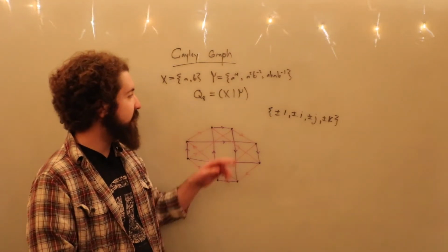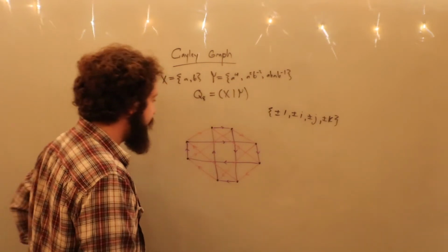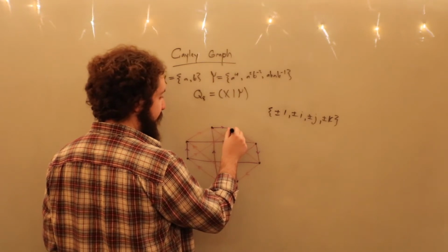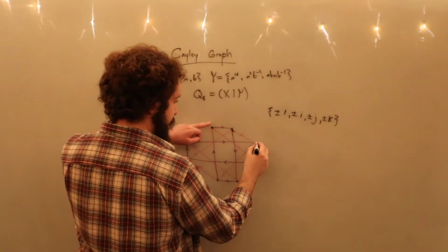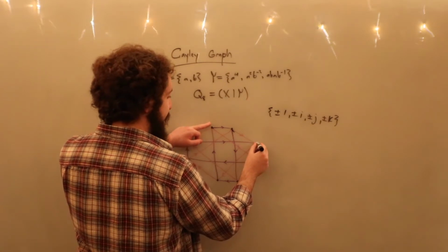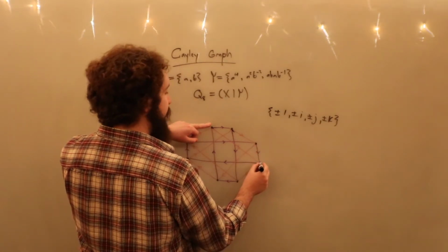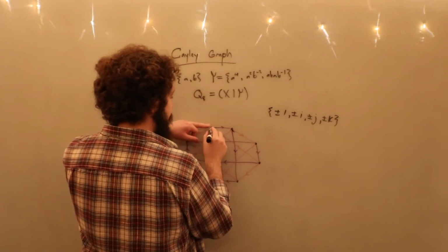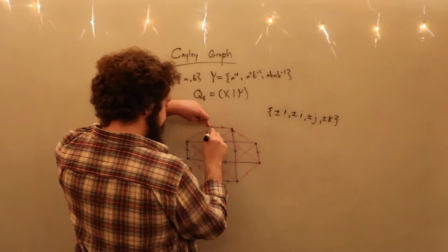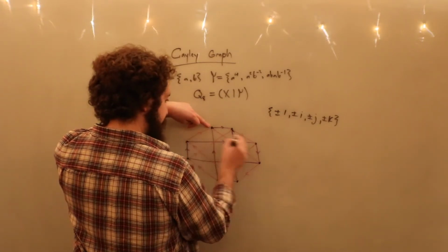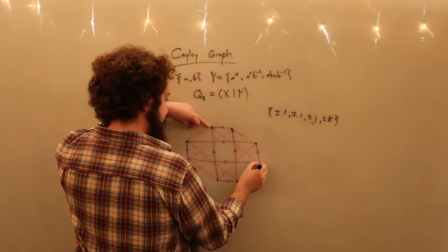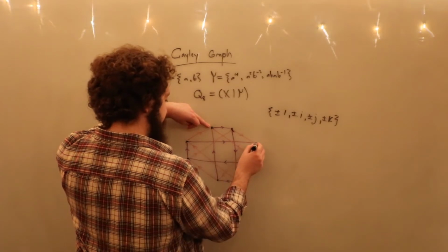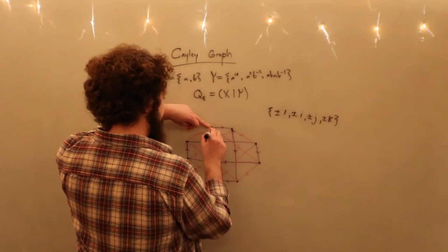Now the question is, does it satisfy the last one as well? Well, let's see. Starting here, I take A, then I take B, which takes me to here. Then I take A again, which is down to here, and then I take B inverse, which gives me here. And let's do it in the backward order just for fun. Let's go B inverse. B inverse takes us to here, then A, then B, then A again.